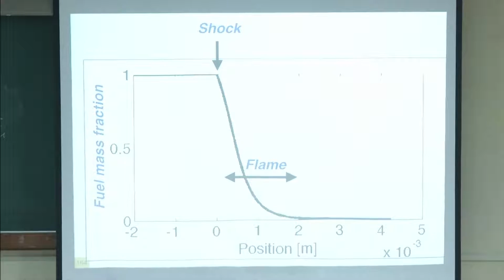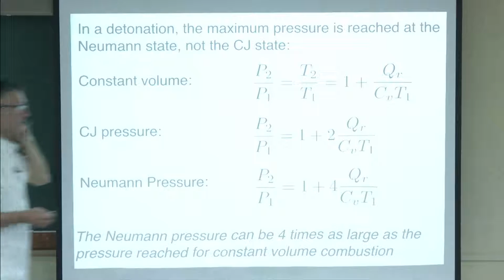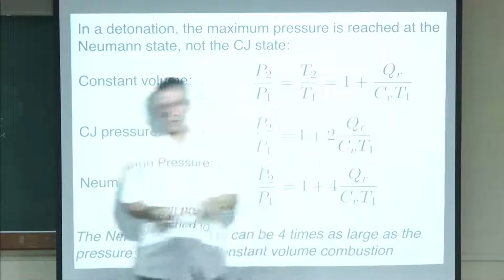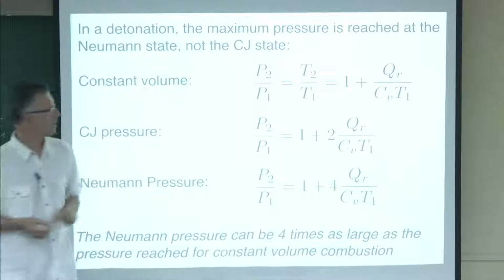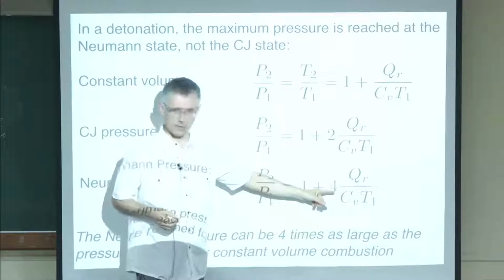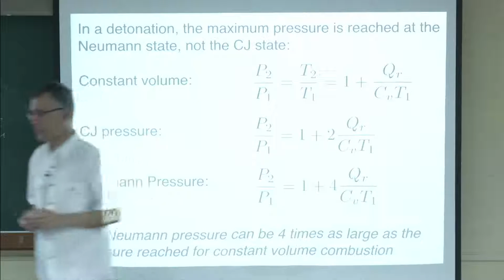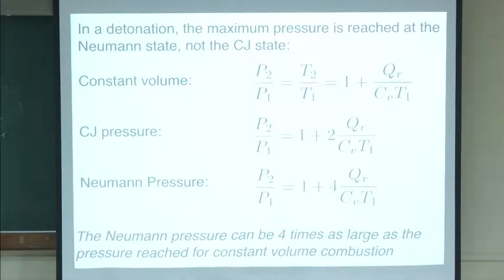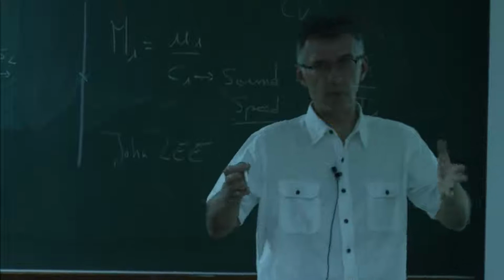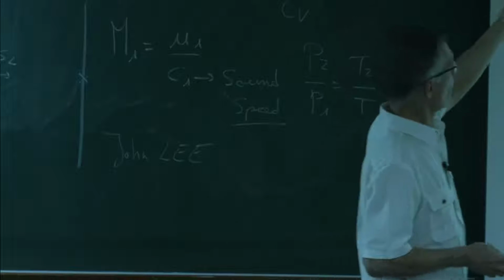If you plug all the numbers here, this is what you find. This is for a constant volume case. You have 1 plus Q over CvT1 for the pressure jump. If you go to the CJ point, you have a 2. If you go to the shocked case, you have a 4. So now things begin to be more interesting. Suppose you take a box, for example, a piston engine, and you are at 1 bar, and you burn everything.